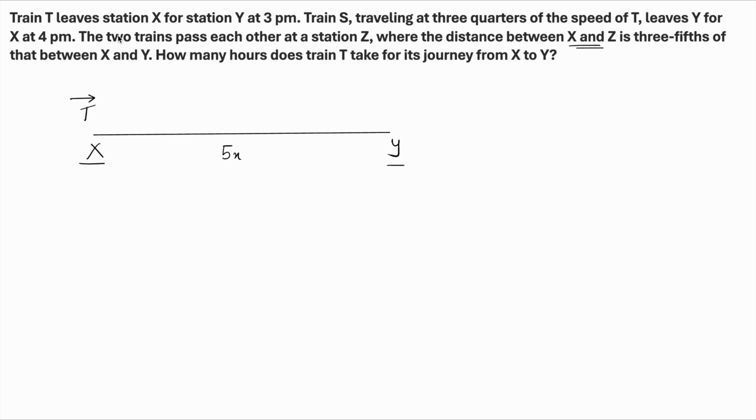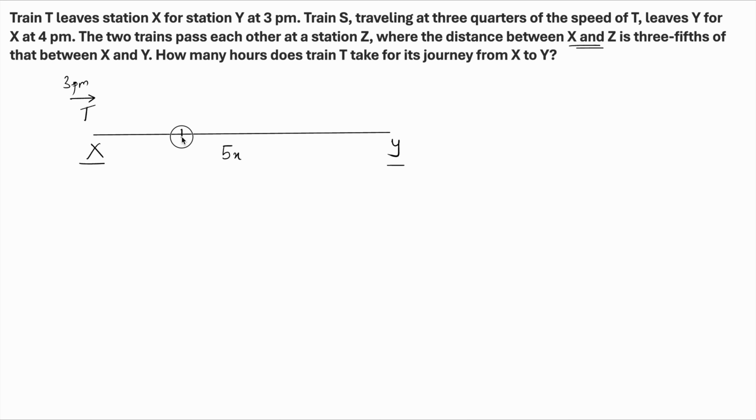Next, train T leaves station X for station Y at 3 p.m. So train T is here at 3 p.m. at the station X, and it is traveling towards Y. Further, train S, traveling at 3 quarters of the speed of train T, leaves Y for X at 4 p.m. So from 3 p.m. to 4 p.m., train T alone travels.